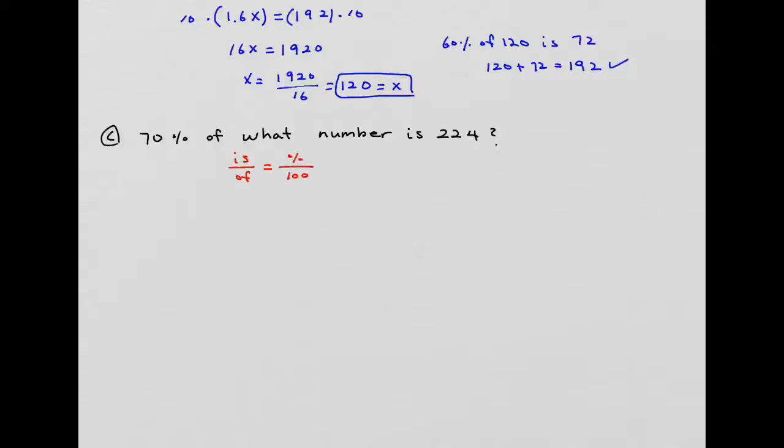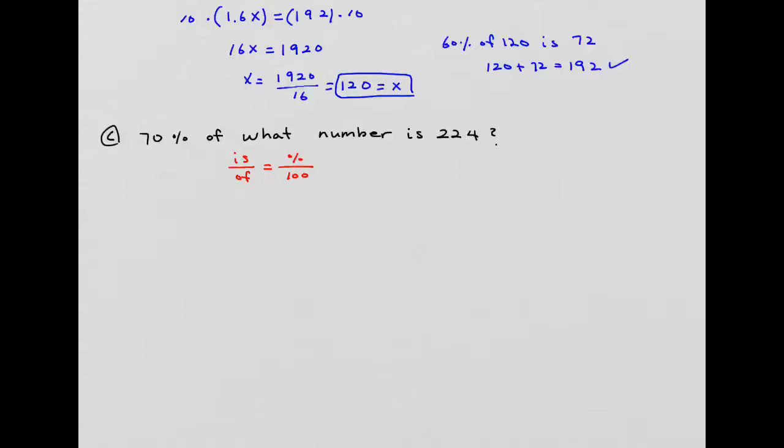Is is going to be the part, of is the whole number, and on the other side, 100 is the whole and the percent is the part. So it's the percent of what number is what. Your is is given, of is what you're looking for, and 70% is right there.